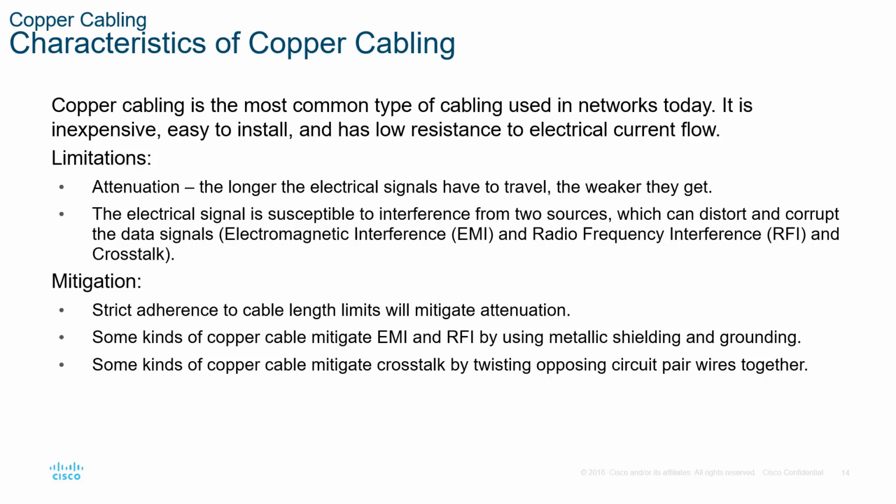If we're talking how do we prevent EMI or RFI, maybe we do shielding or we do a specific type of grounding to kind of help mitigate those, which we will talk about both of those when we talk about specific type of copper cable in the next slide. Some of the types of copper cables can mitigate crosstalk by twisting cables appropriately.